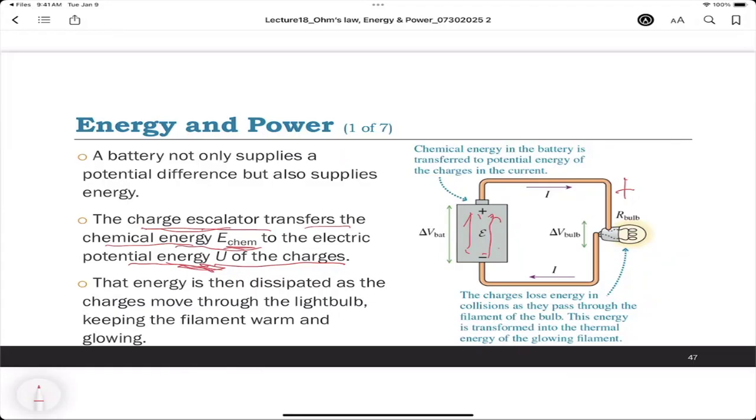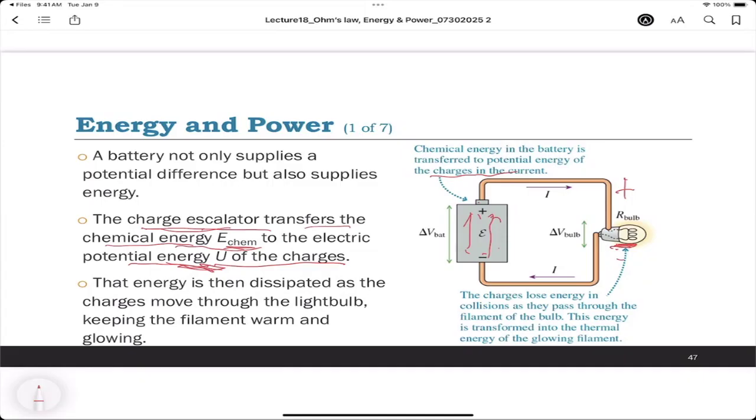The chemical energy in the battery is transferred to the potential energy of the charge in the current, and then the charges lose energy in collisions as they pass through the filament of the bulb, and this energy is transformed into the thermal energy of the glowing filament.